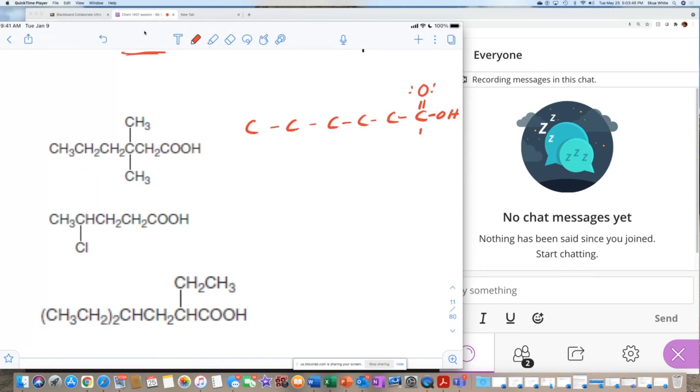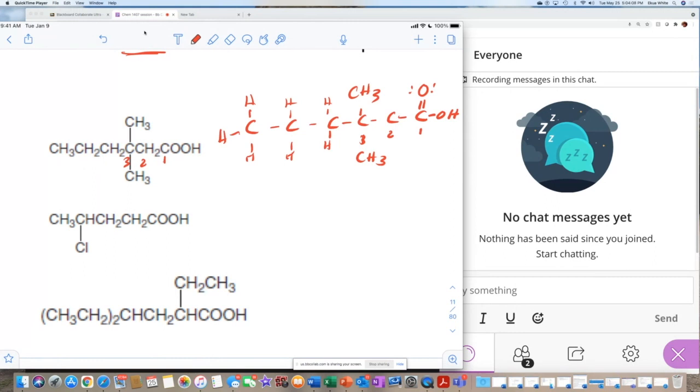So on this first carbon, you have your carboxylic carbon. And then 1, 2, 3. On the third carbon, you have 2 methyl groups like that. Of course, the rest of these are H's. I didn't have to draw these out, I just want to make sure that I am numbering these well.